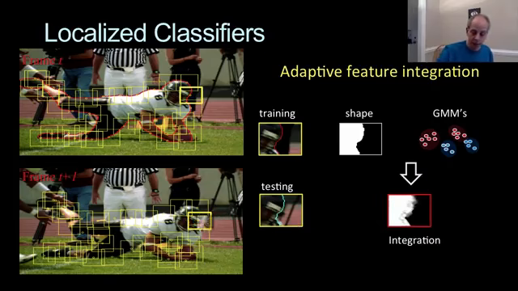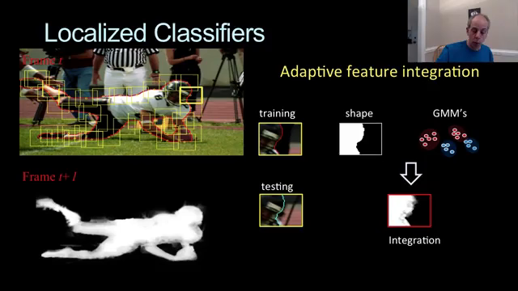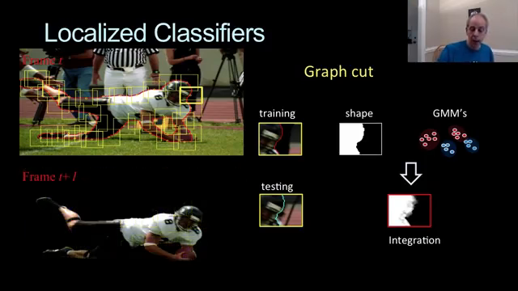And therefore, we put it back, we get that for the entire image, and from that, for example, using graph cuts, we can get a segmentation. And from this frame, we will be able to go to the next frame. Before that, I have to explain how we do this merging.